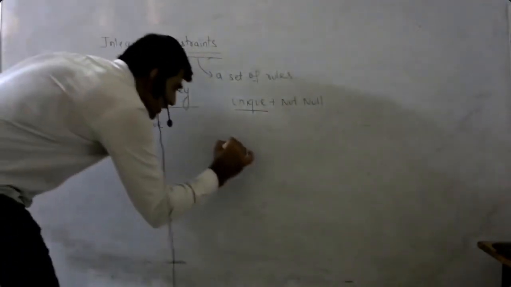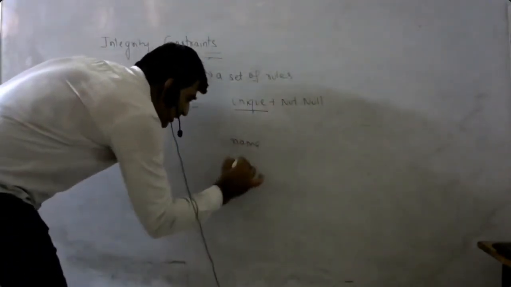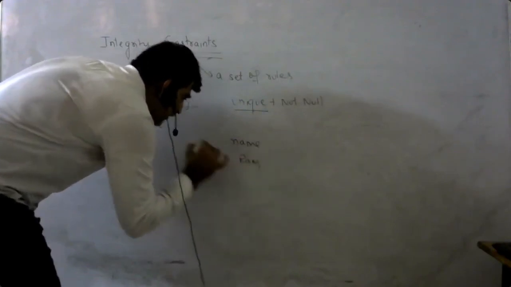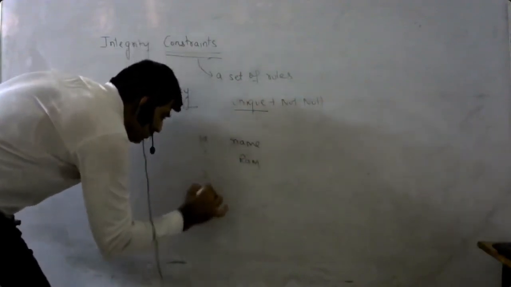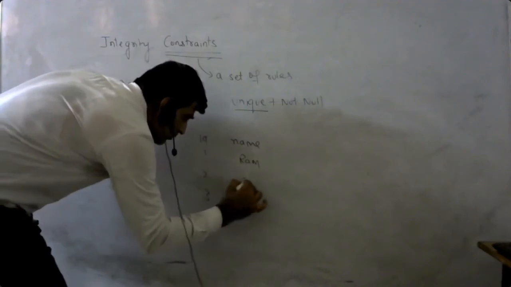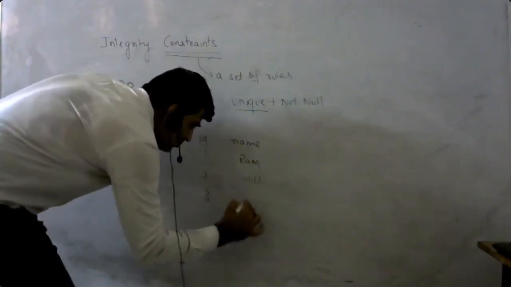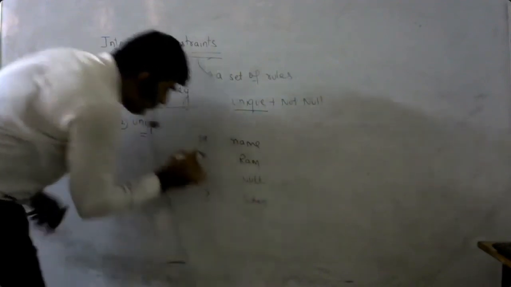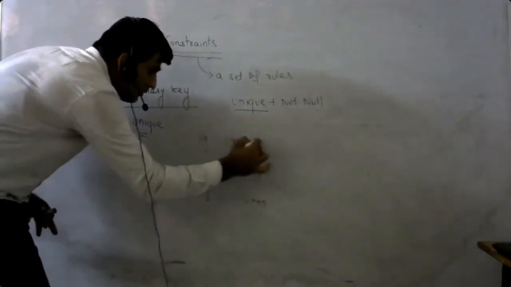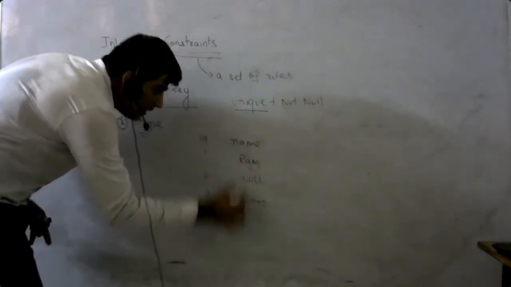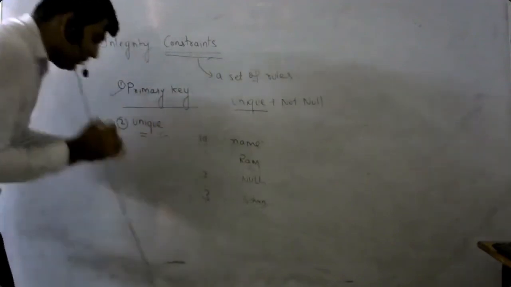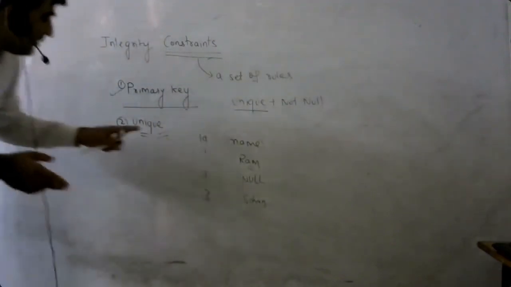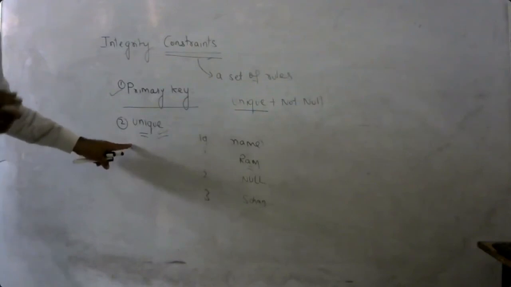If I talk about name, here name is Ram, here ID 1, 2, 3. Here there is nothing, no value, that means null, and so on. So for different tuples, the values of this particular attribute are unique, but null is allowed.